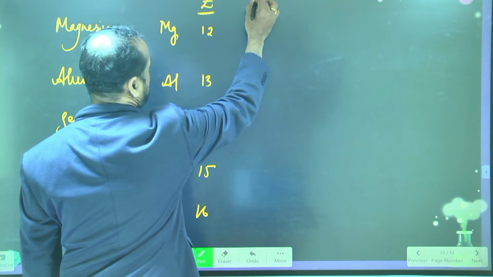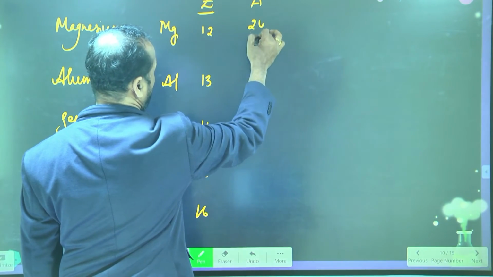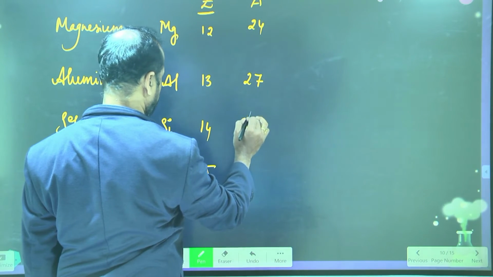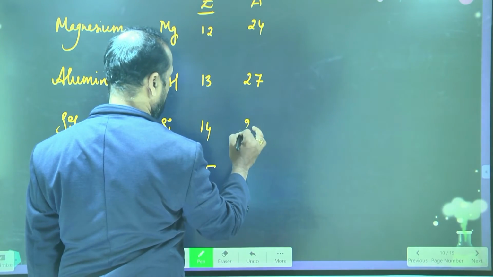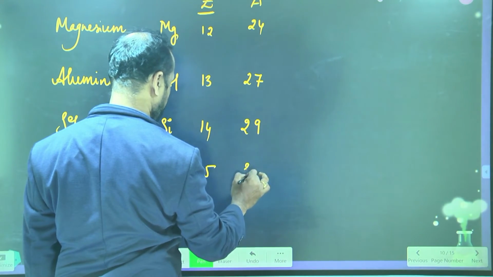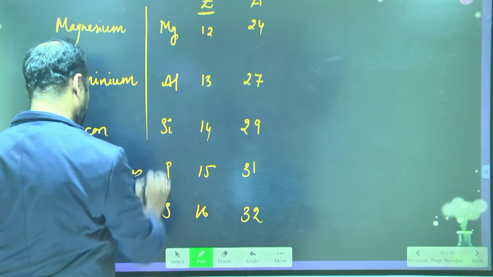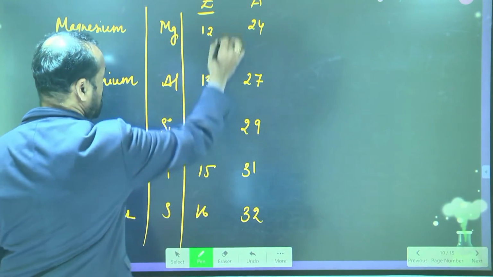Next, mass numbers: 24, 27, sorry 28, this is 28, 31, 32. The remaining part, number of protons, electrons and neutrons, you have to complete.